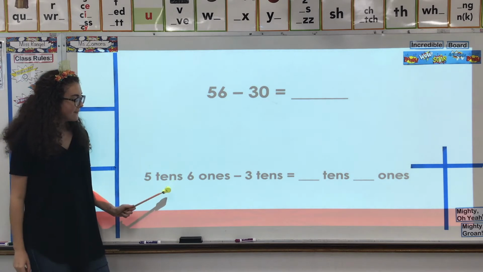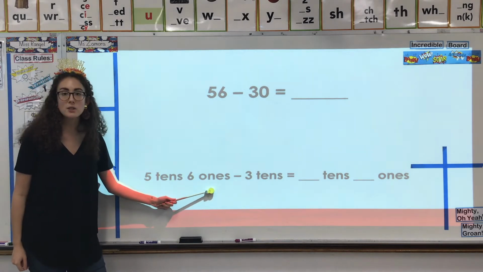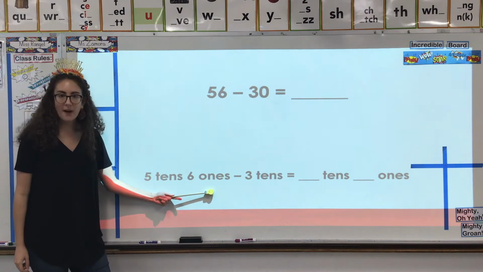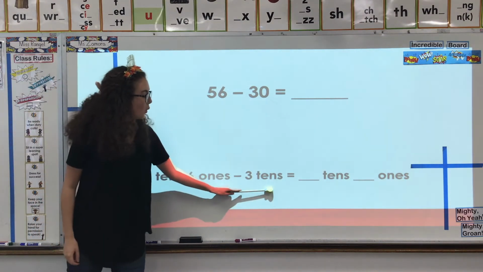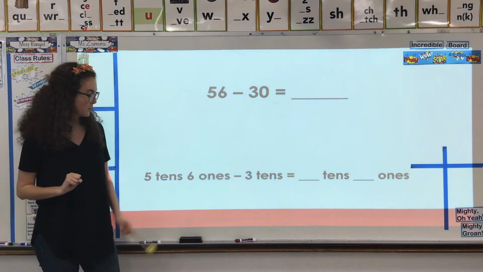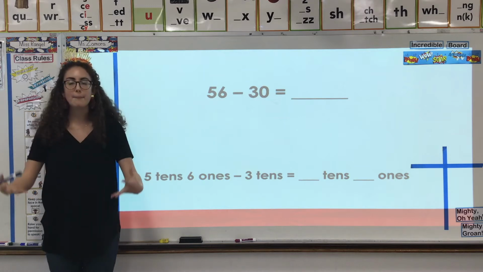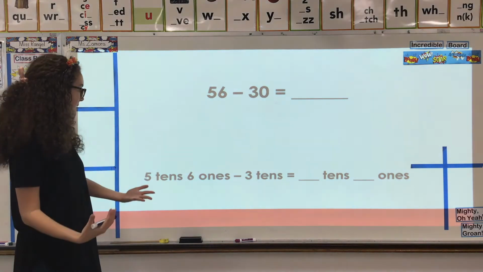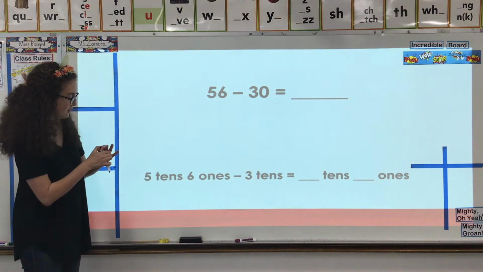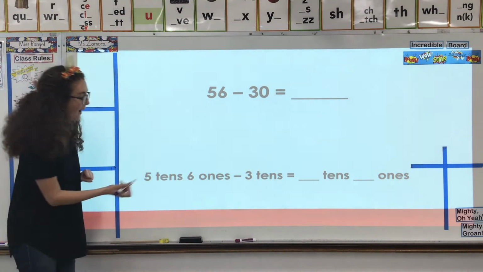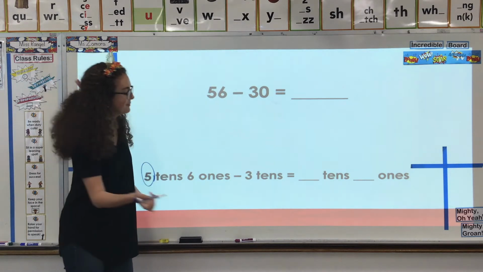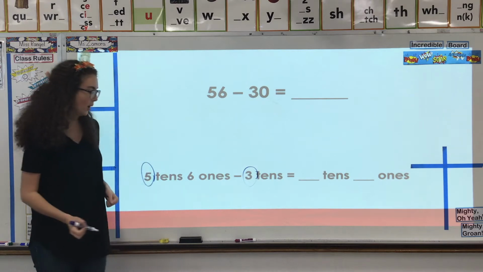We've got 5 tens and 6 ones, in 56, of course. And from this 5 tens and 6 ones, we want to take away, subtract 3 tens. So what two numbers are in the same place? What's both in the tens place? We have 5 tens, and we want to take away 3 tens, of course.